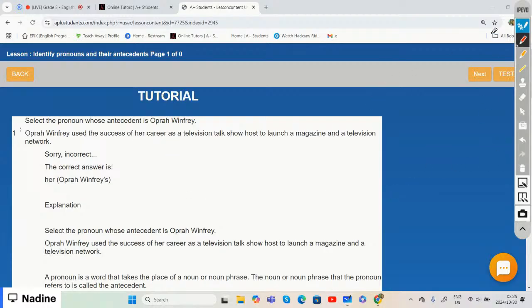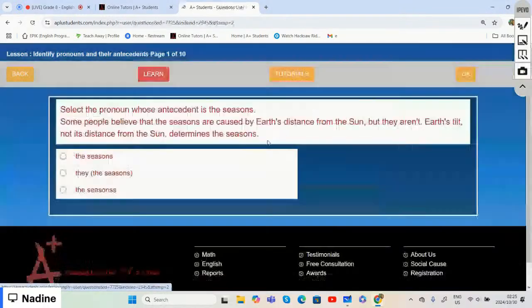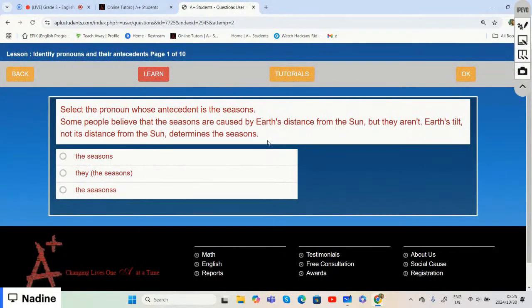All right. So now let's go to our test. We need to identify either pronouns and the antecedents, or they'll ask us to get the antecedent or just the pronoun of the antecedent. We need to select the pronoun whose antecedent is seasons. Some people believe that seasons are caused by Earth's distance from the sun, but they aren't. Earth's tilt, not its distance from the sun, determines the seasons.